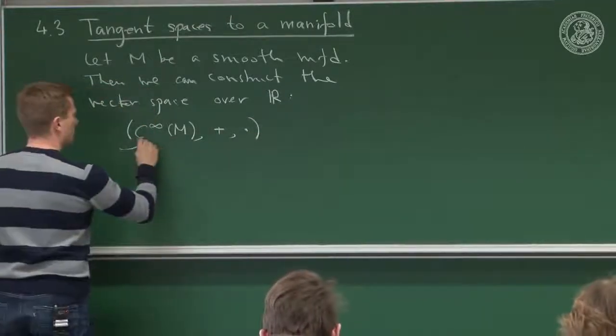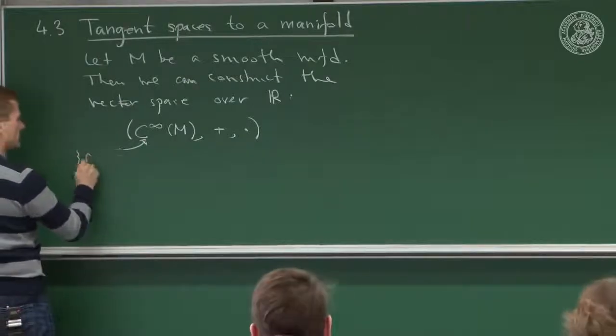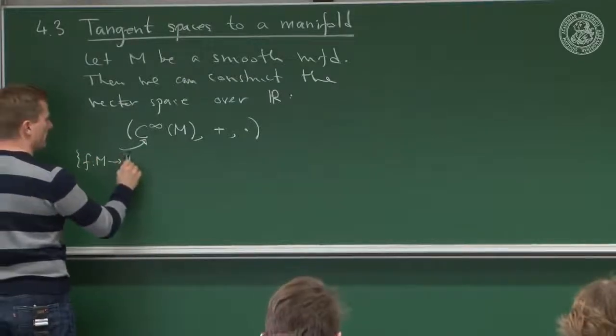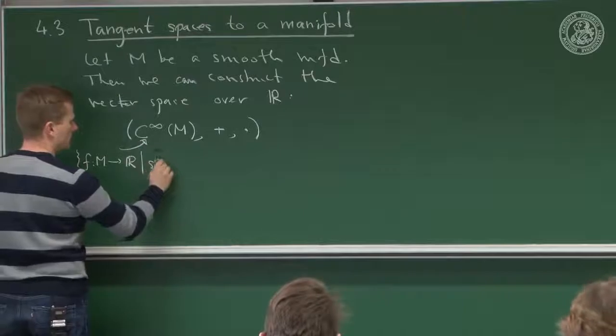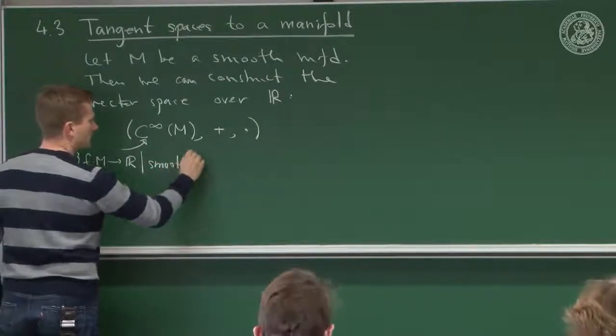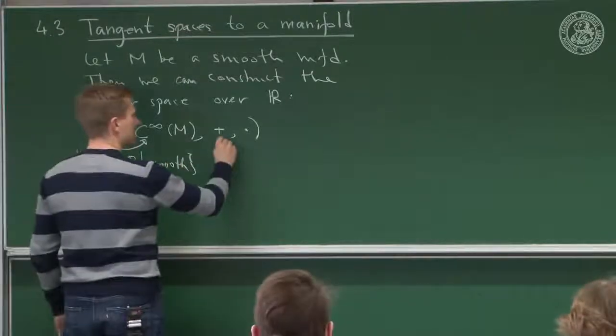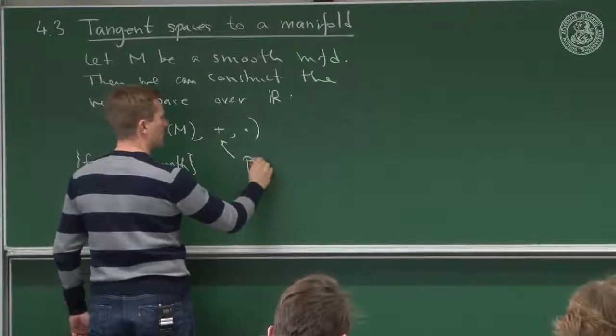So these are the smooth functions, f from M to R, but they ought to be smooth. And then this plus is the pointwise addition.